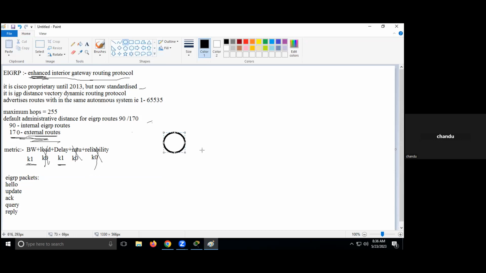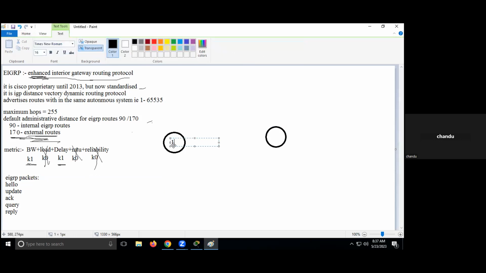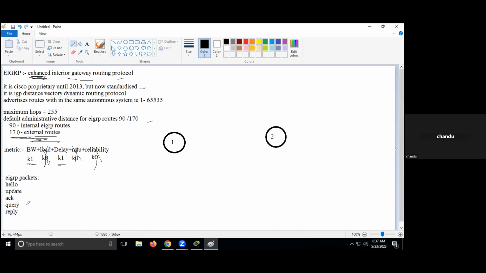I have router 1 and router 2. When you configure router EIGRP 1 in router 1 and advertise the serial network, router 1 continuously sends hello messages every 5 seconds to router 2.